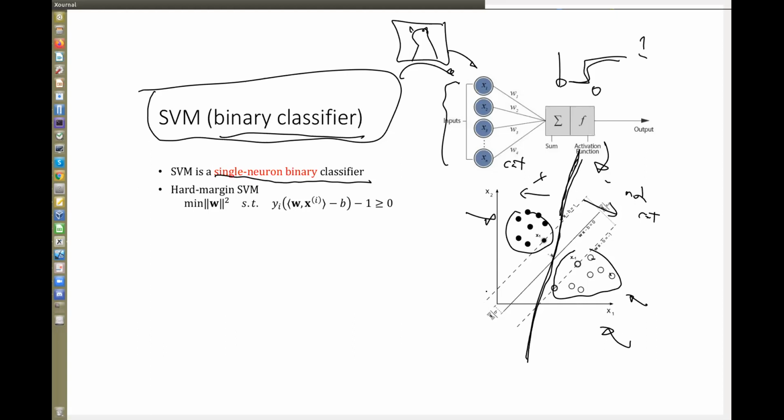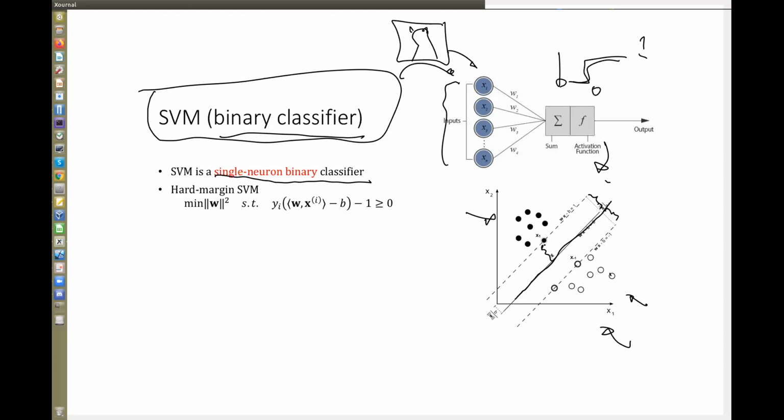Now there are lots of boundaries that would fit this data, but intuitively, I would say the best boundary is one like this, where I try to create a margin. If I create a boundary here, take the point that's closest to this boundary, and call this gap the margin, I want this margin to be as big as possible.